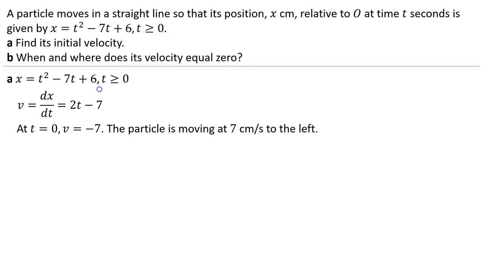So when t is 0, I substitute t equals 0 into my velocity function, and that gives me v equals -7. I need to interpret that in terms of the situation. So the particle is moving at 7 centimetres per second to the left. The negative tells me it's moving to the left.